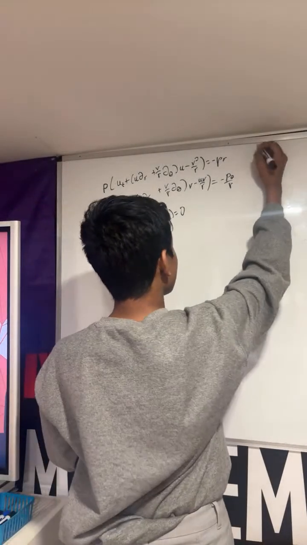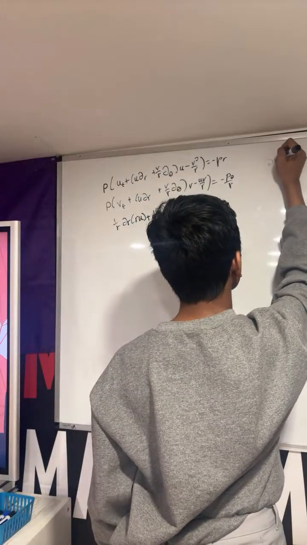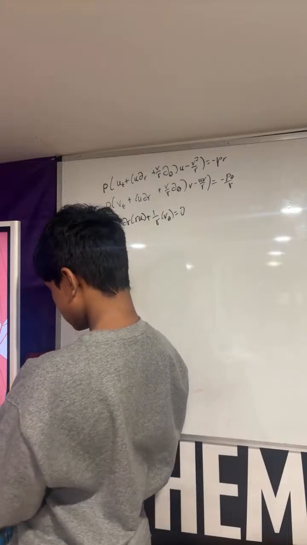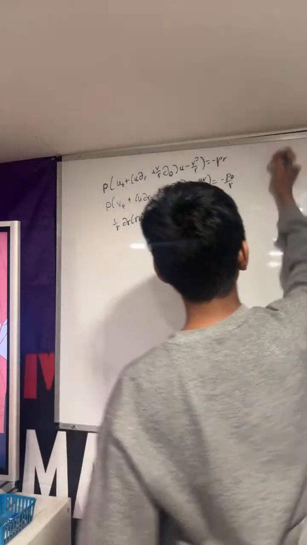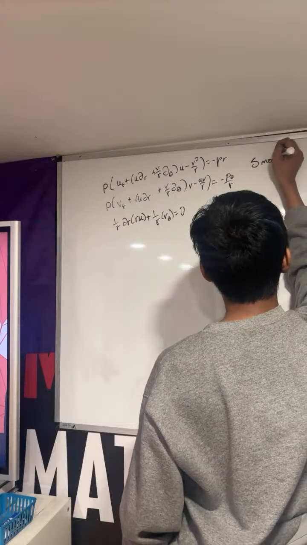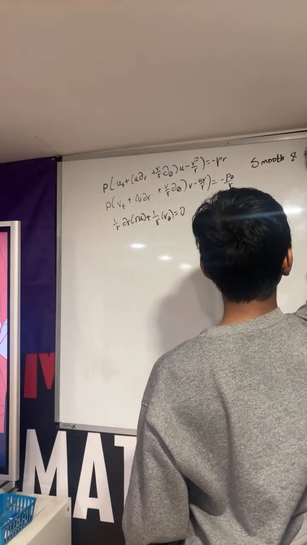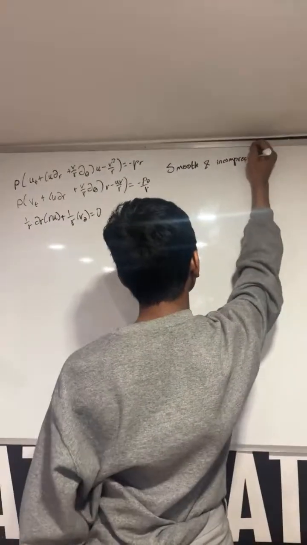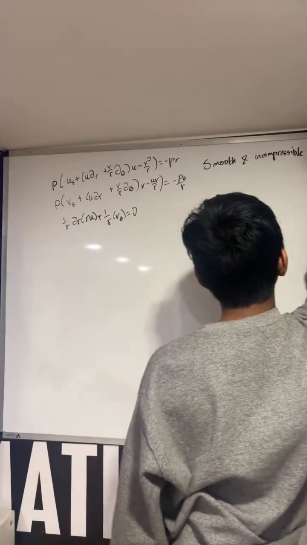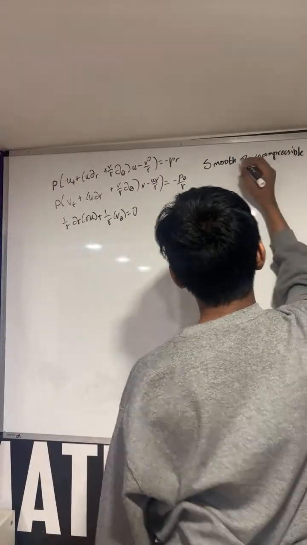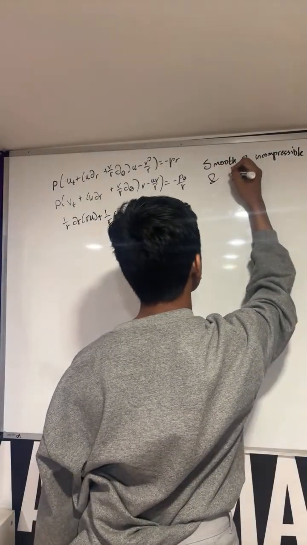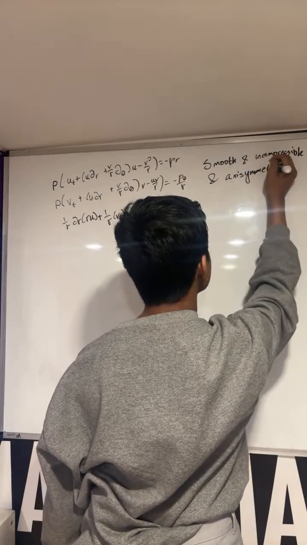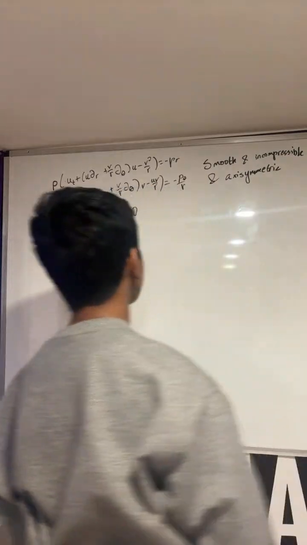What happens if we want a smooth and incompressible flow, which means density is a constant, which is also radially symmetric? What conditions need to take place?